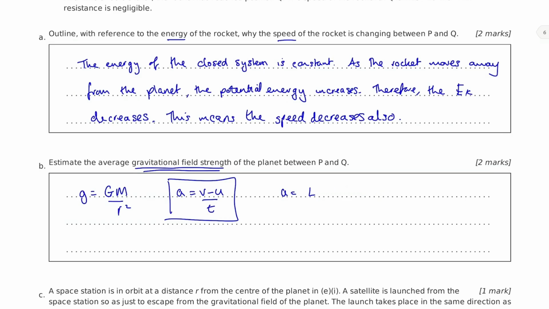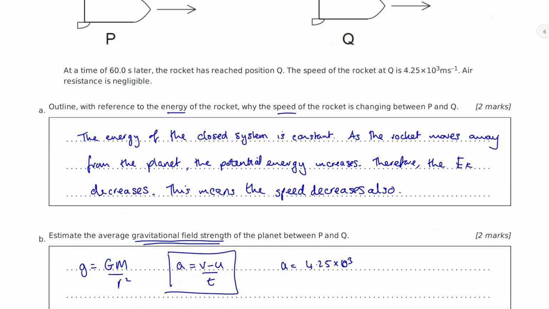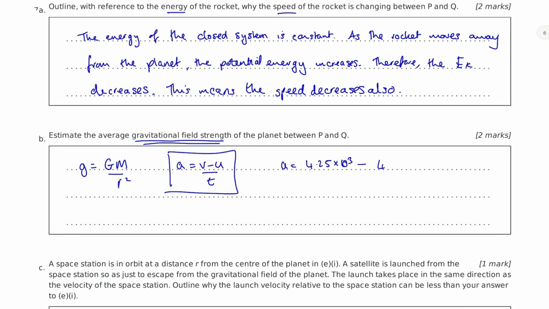So it's the final speed, 4.25, minus the initial speed, 4.38, divided by 60 because it took 60 seconds for that to happen. That gives us a value of minus 2.1667 metres per second squared. Everything is given to three significant figures, so 2.17 metres per second squared.